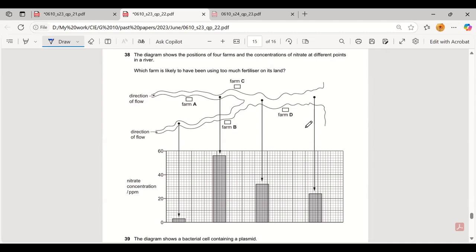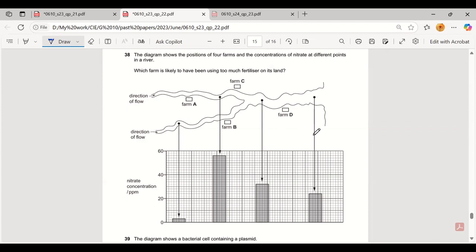But which one of them is correct? Look, nitrate is in the river, not in the village. So is it B?